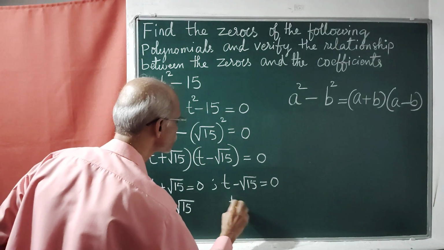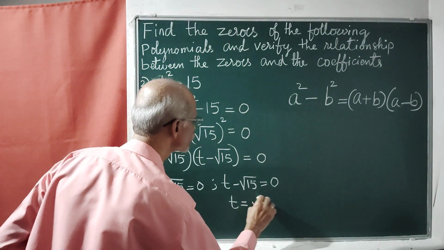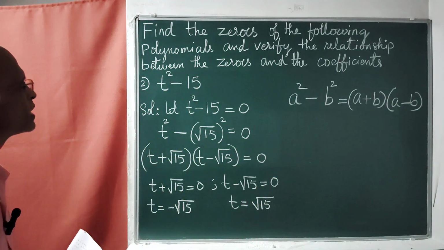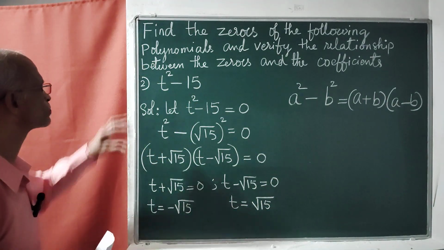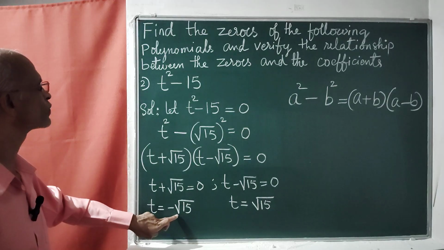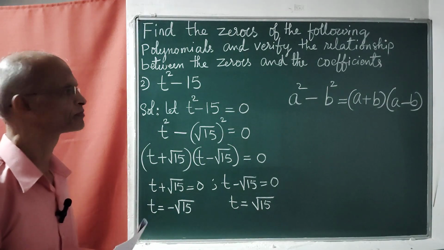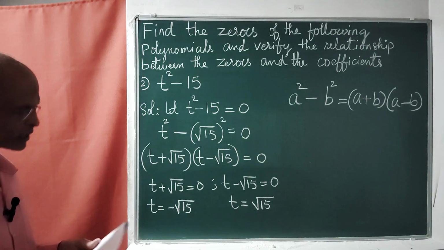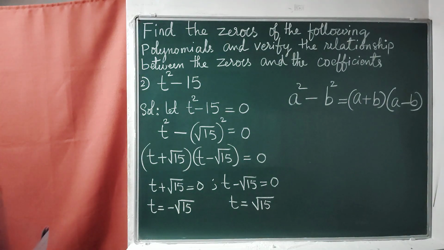Here t will be equal to just root 15. So the two zeros of this polynomial are minus root 15 and plus root 15. We'll take the screenshot if you want.